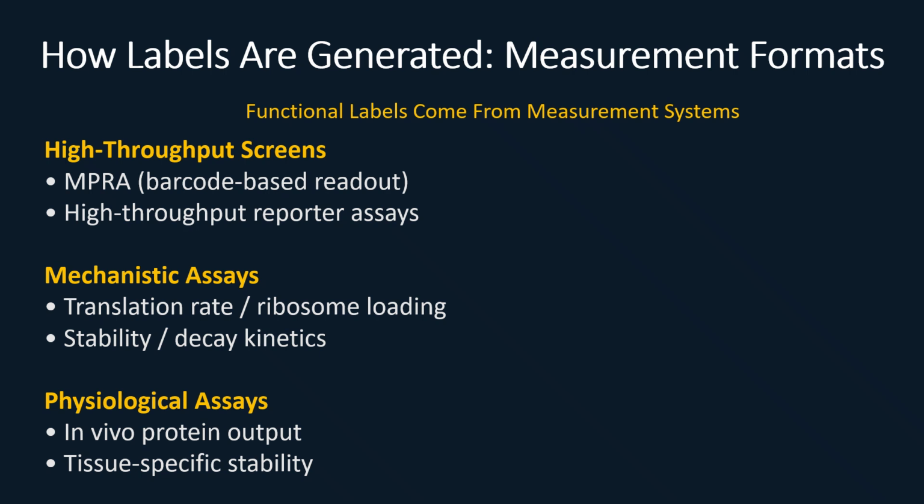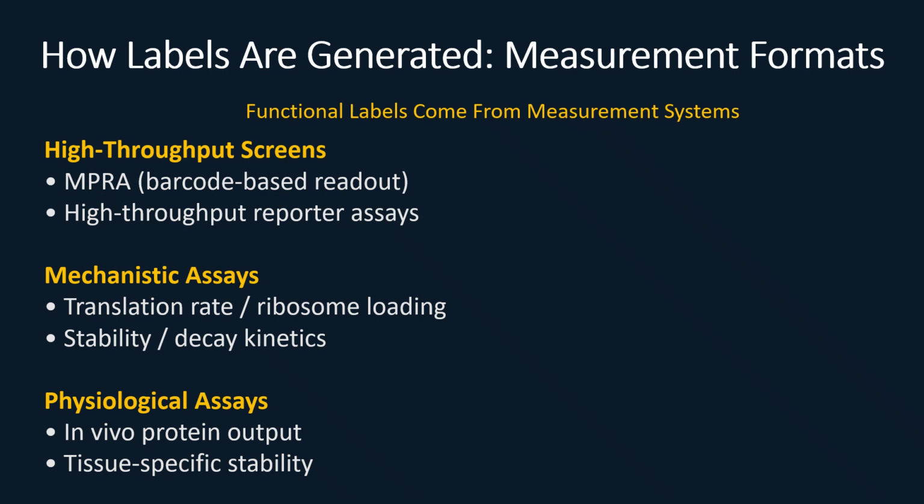Next we have mechanistic assays. These isolate specific processes, how efficiently ribosomes load, how fast RNA decays. They don't scale as easily, but they provide more direct measurements of contributing mechanisms. And finally, there are physiological assays.